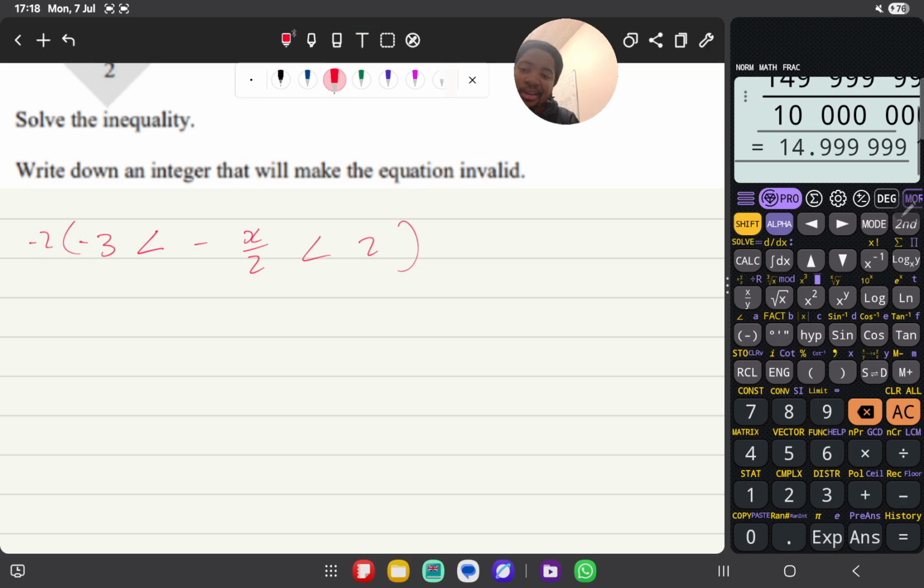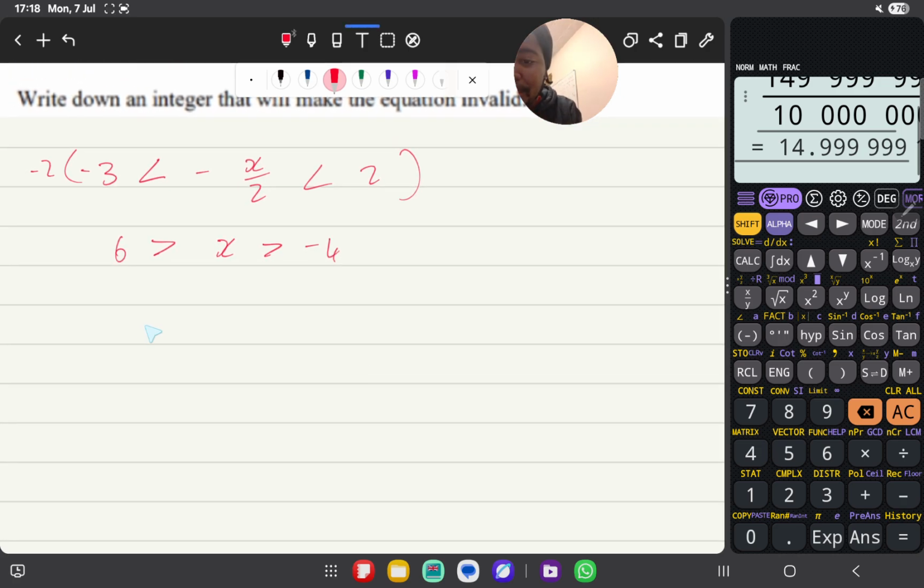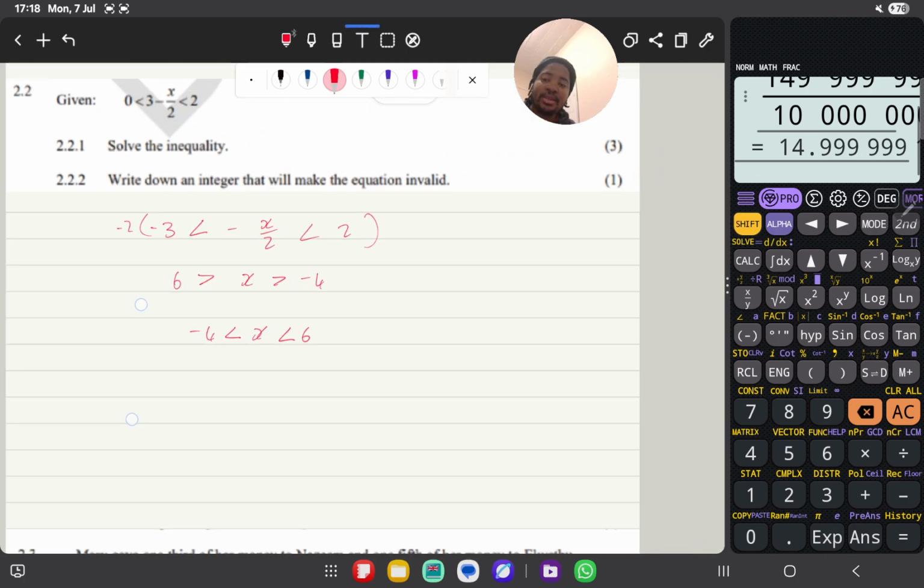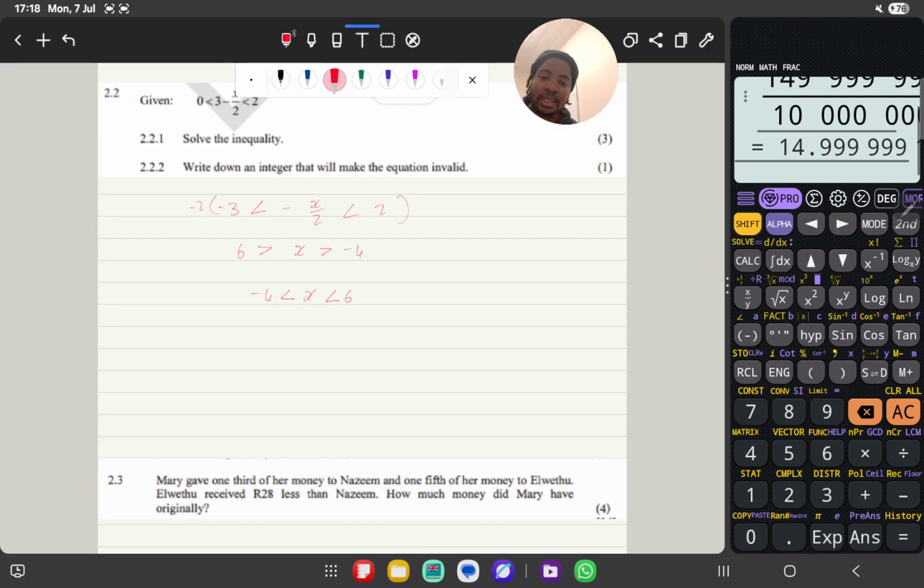You're going to have a positive 6, the sign changes. You're going to have a positive x, the sign changes. You're going to have a negative 4, which you can simply write as minus 4 less than x less than 6. These two things are the same thing. And just like that, you're done.